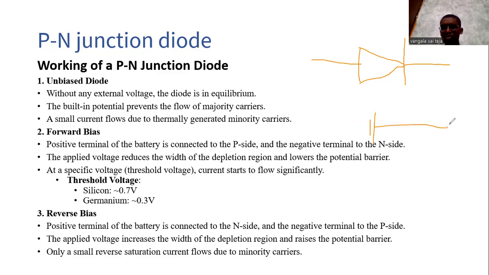In this case, the current will not flow through the diode. The positive terminal of the battery is connected to the N side and the negative terminal to the P side. The applied voltage increases the width of the depletion region and raises the potential barrier.